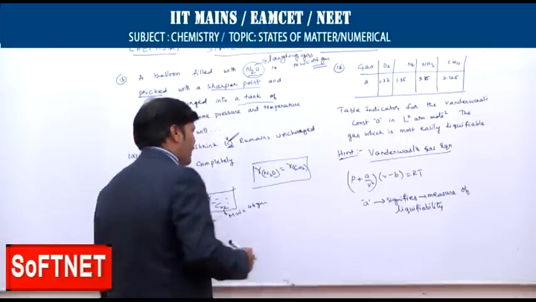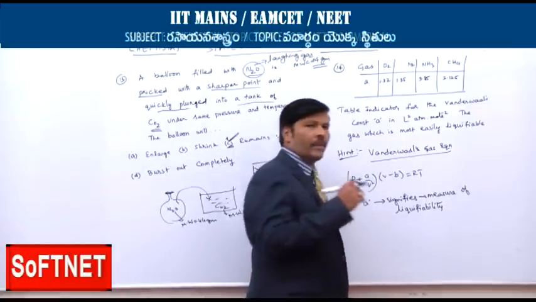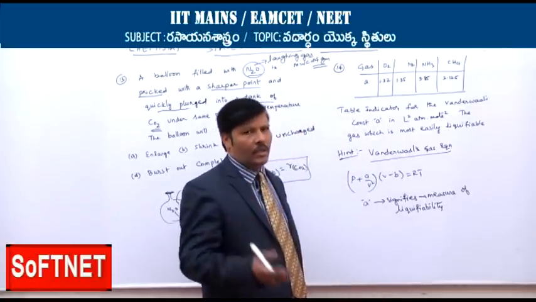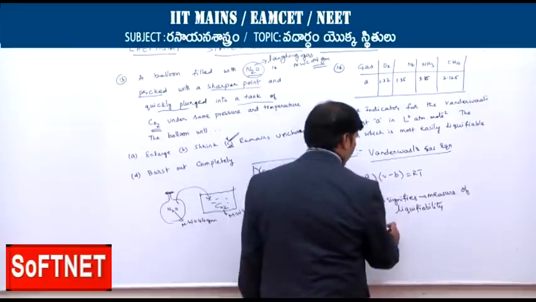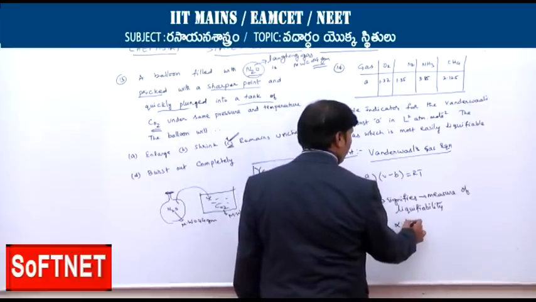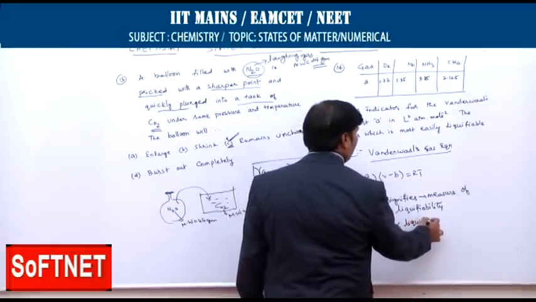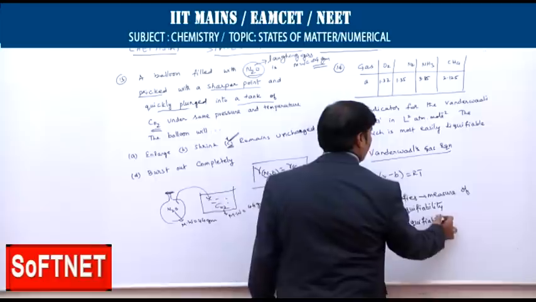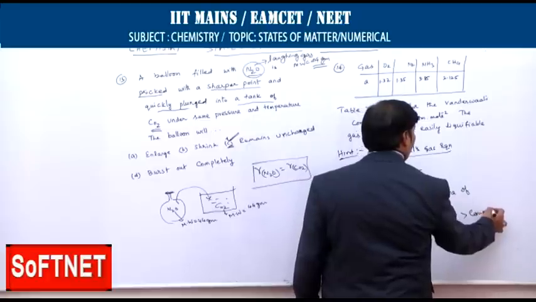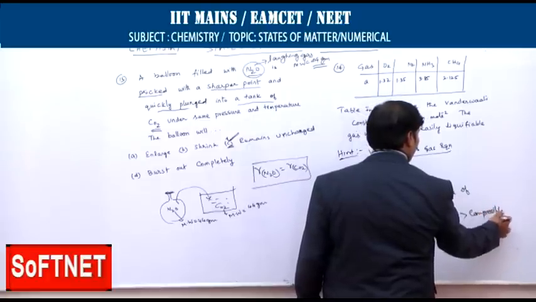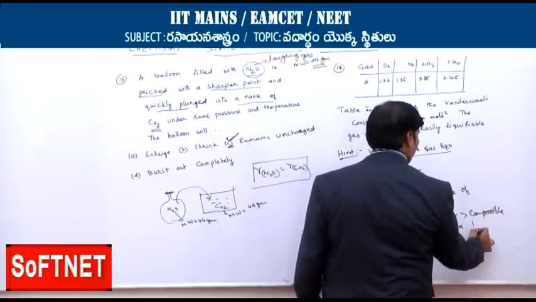Liquefiability of the gases means, greater is the A value for any given gas, more is the liquefaction. When more is the liquefaction, more is the compressibility. That means we can take A as directly proportional to liquefiability. It is greater compressible, and its Z value is inversely proportional.